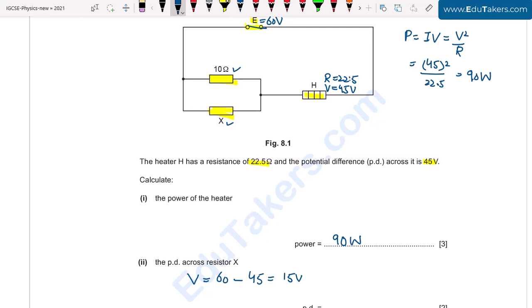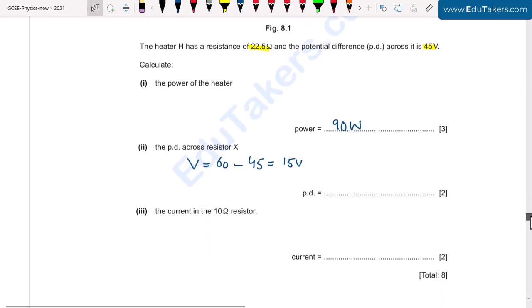We know that in the parallel combination the potential difference remains the same but current changes. So here the potential difference remains the same. It means that the potential across X is 15 volt and also the potential across the 10 ohm resistance is 15 volt. So I write here the potential difference across X is equal to 15.